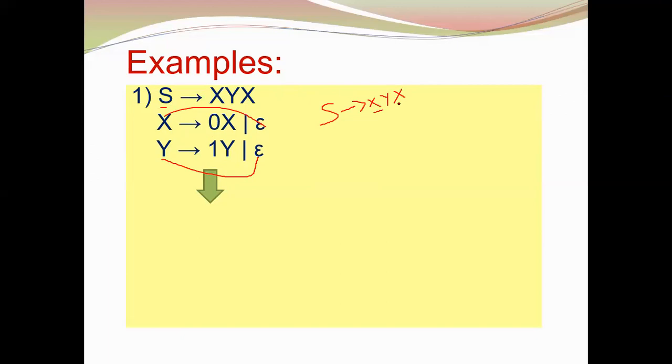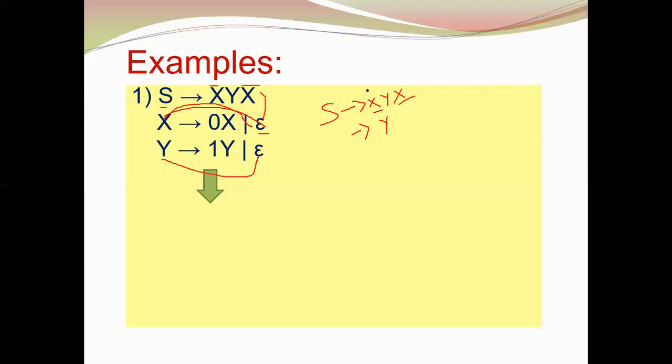Here we have two X's, right? Listen, all of you, I have the production X tends to epsilon. So I can substitute this epsilon value for this X and this X also. Wherever I find the X, I can replace it with epsilon. If I'm replacing with epsilon, then tell me what is the answer? Y. We have to write all possible cases.